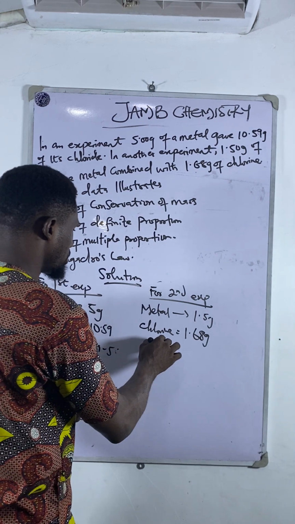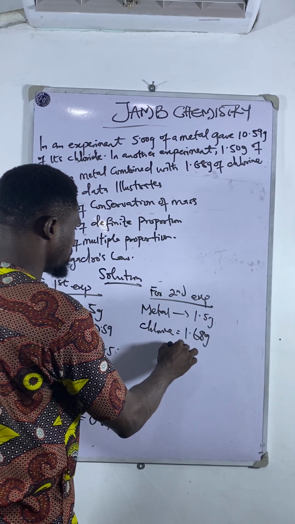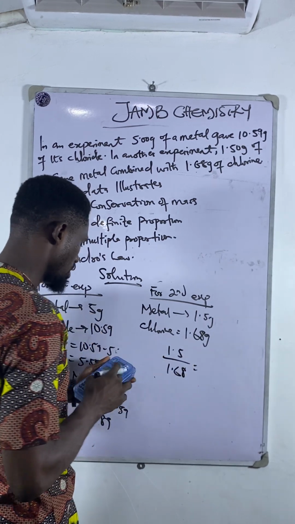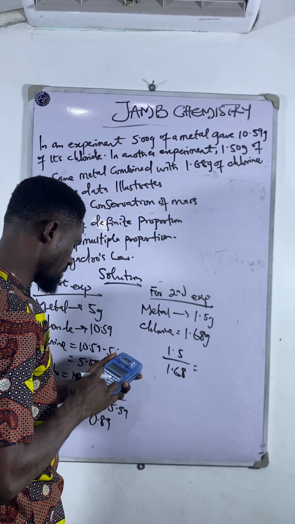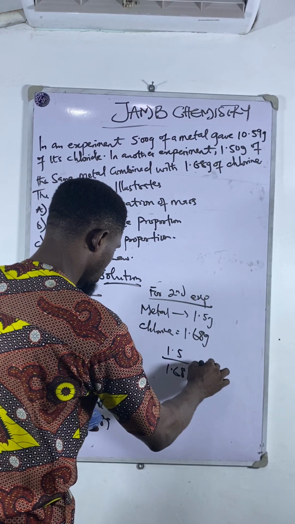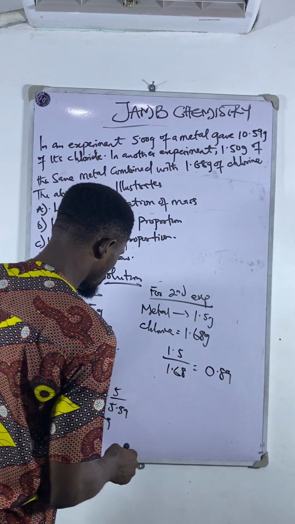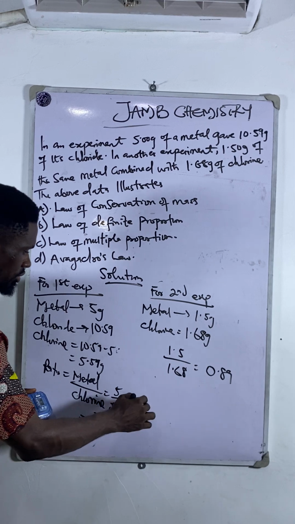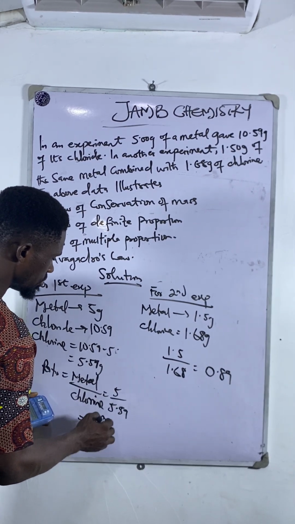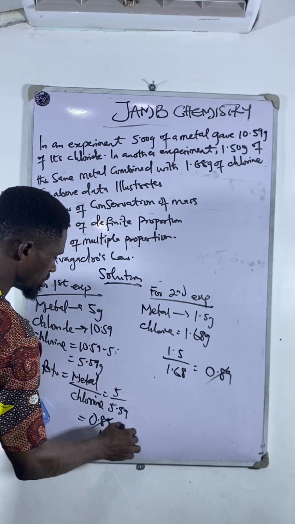The ratio of metal to chlorine in the second experiment is 1.5 divided by 1.68, and I have 0.89 as well. So dividing this by this, you find out that the ratio is 1:1.